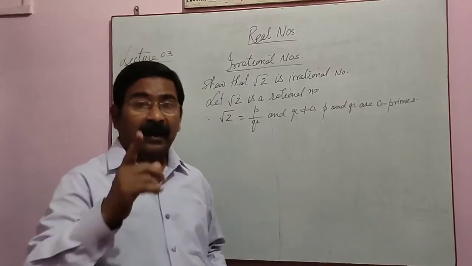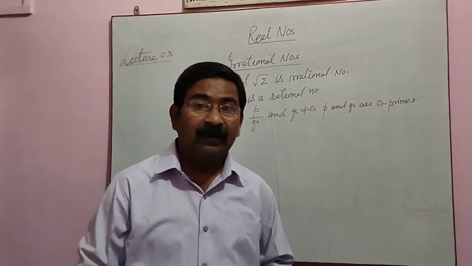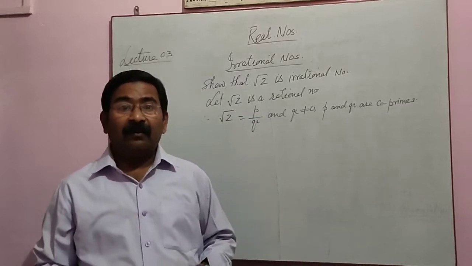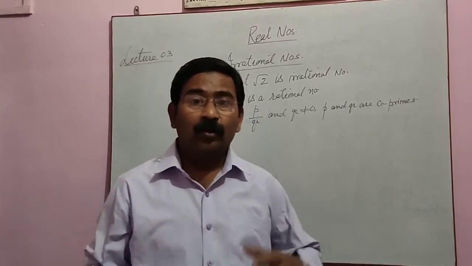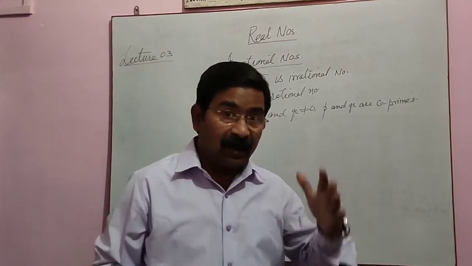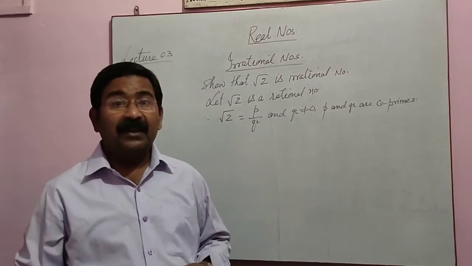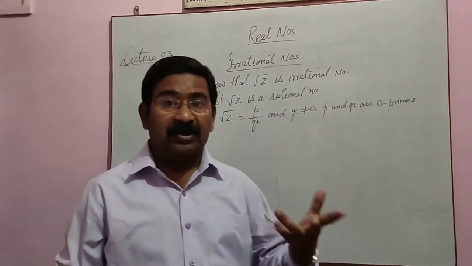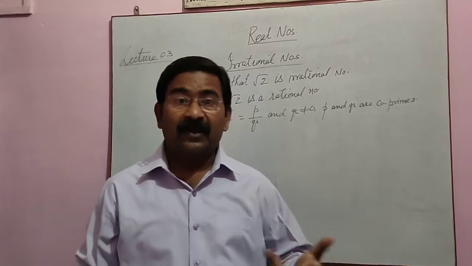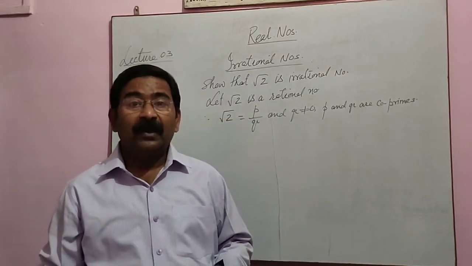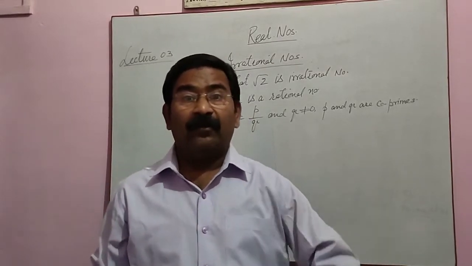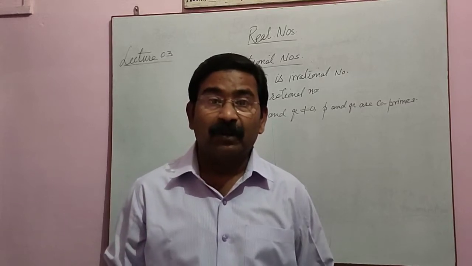Now we have considered that under root 2 is a rational number. I told in the beginning of my previous lecture that when we apply the rule on rational numbers we get a rational result. Like the sum of two rational numbers is a rational number, the difference of two rational numbers is a rational number. In the same way, the square of a rational number is a rational number.